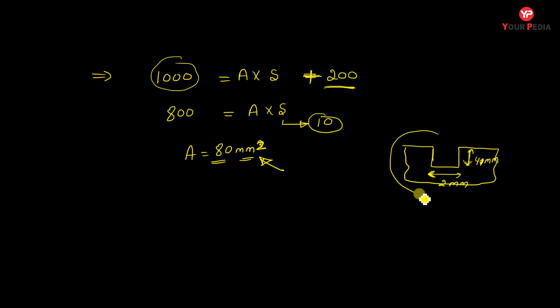So it is given in the question that the weld bead area is this. So the area of the weld bead is 41 into 2, that is 82 mm square.